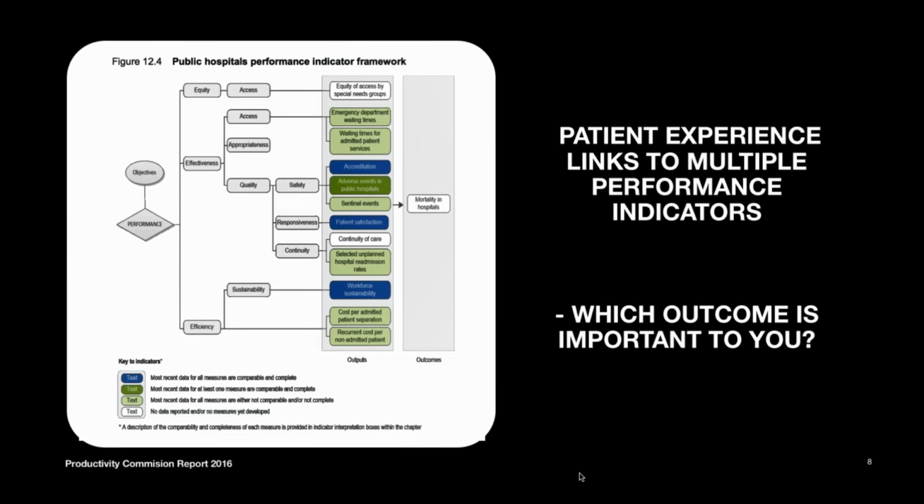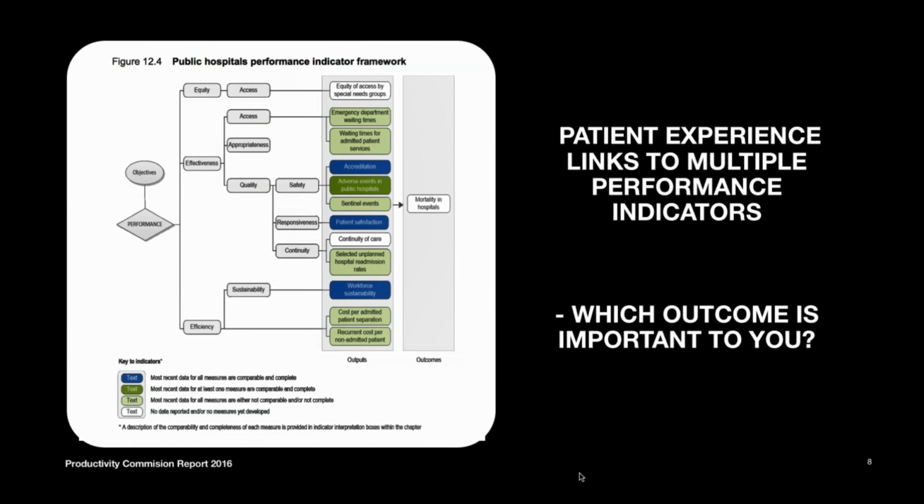Waiting times in emergency, for example, is actually a patient experience measure. And then there are other safety and quality measures like adverse events and infection rates. Some of these have been shown to link with patient experience as well, and then there's cost as well.